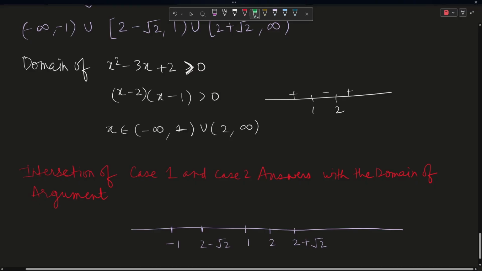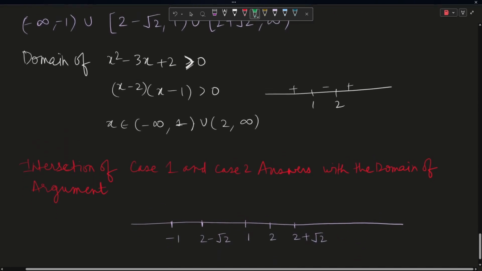Now, firstly, we'll put the values of case 1 and case 2.